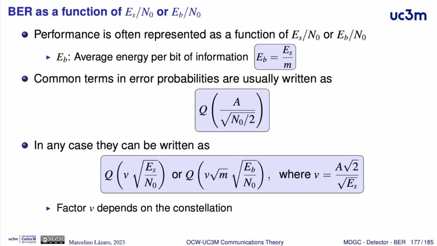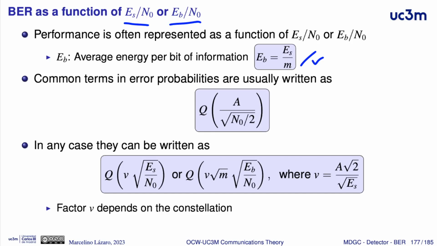In this case, the plot is in decibels. In some cases, the probability of error is plotted as a function of the mean energy per bit divided by N0 instead of the mean energy per symbol divided by N0. In this case, we only need to take into account that the mean energy per bit is the ratio between the mean energy per symbol and the number of bits per symbol in the constellation.